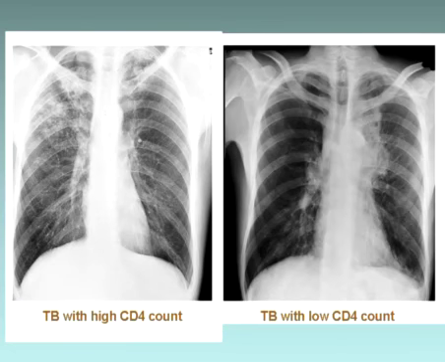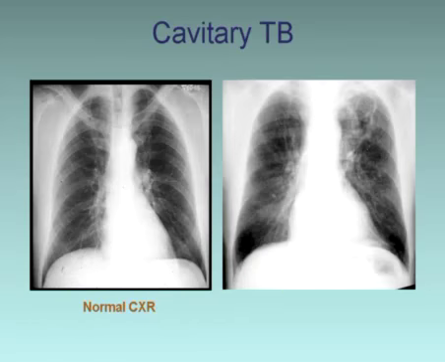TB in a patient with a low CD4 count acts much more like a child. They commonly have hilar lymph nodes. So that would be primary disease, hilar lymph nodes in a patient with a low CD4 count. Patients can have cavitary disease. This is more commonly reactivated disease, much more common in adults.